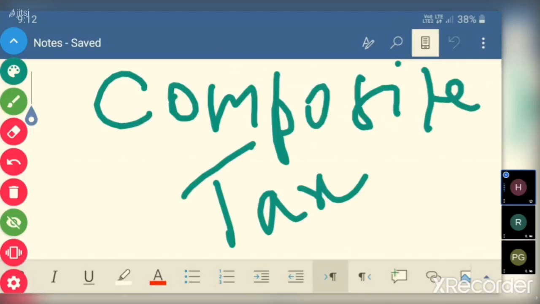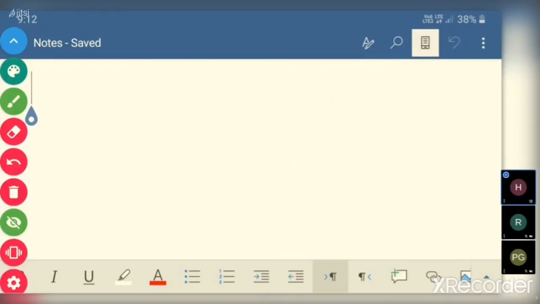Now there is another thing, that is composite tax. Now composite tax scheme, who can take the benefit of it, and is it beneficial? That we can have a look into. Now composite tax scheme, it's available for whom?